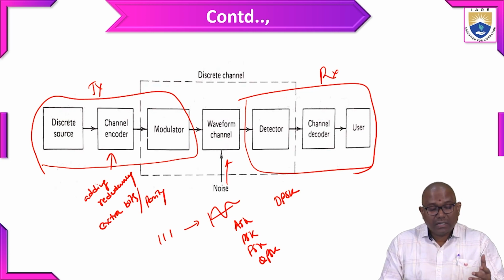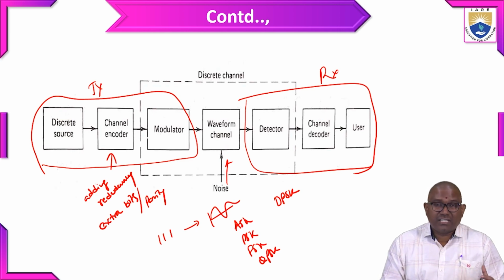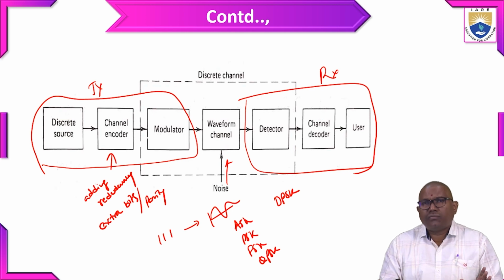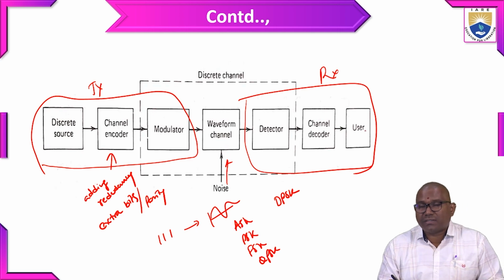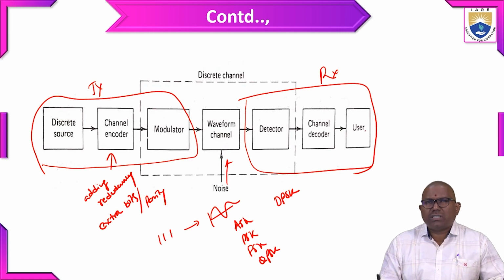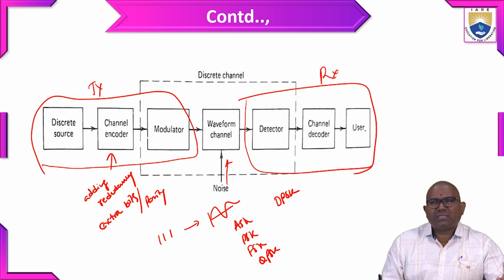Why? At the channel encoder, I add redundancy bits. They are not essential, but they are helpful to find errors. So here I remove those additional bits, because the user does not require them.